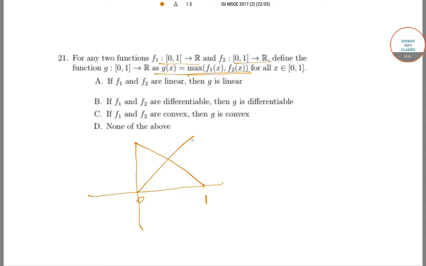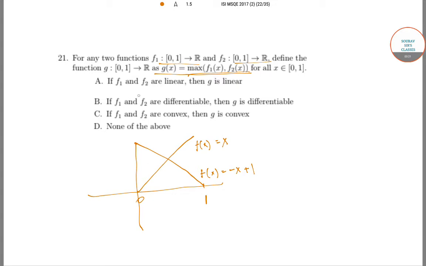We can take this function to be say f(x) equal to x, and we can take this function to be f(x) equal to minus x plus 1. So at 1 it takes the value 0. So for these two functions, let's see how many counter examples we can get.